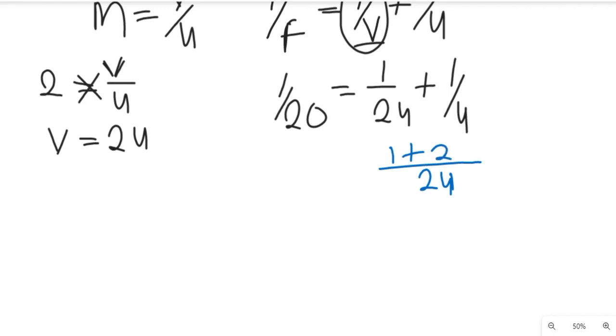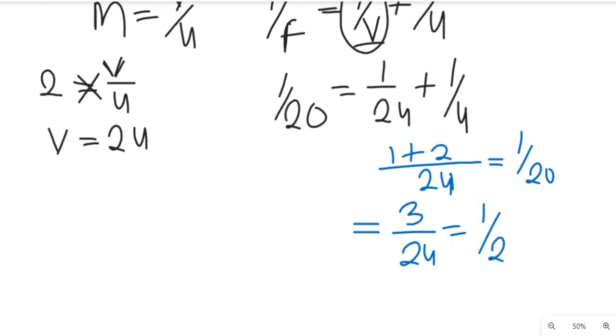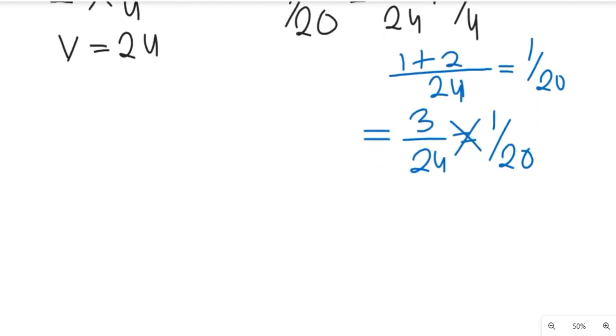And then on the other side, we are going to have this equal to 1 divided by 20. So if we cross multiply, that expression will now give us 3 divided by 2u equal to 1 divided by 20. Now when we cross multiply, we are going to have 2u equal to 20 multiplied by 3.